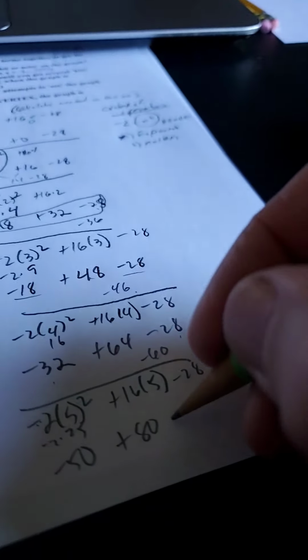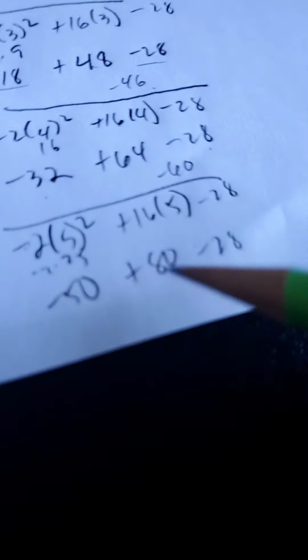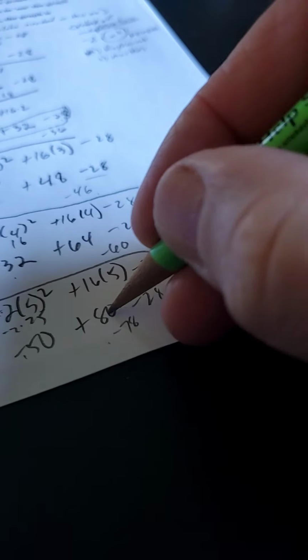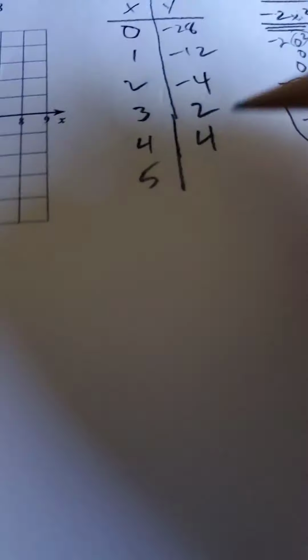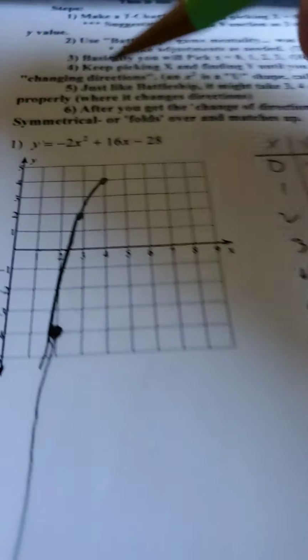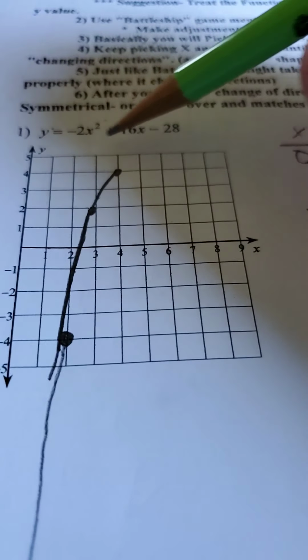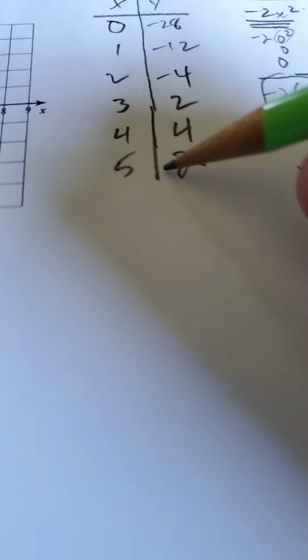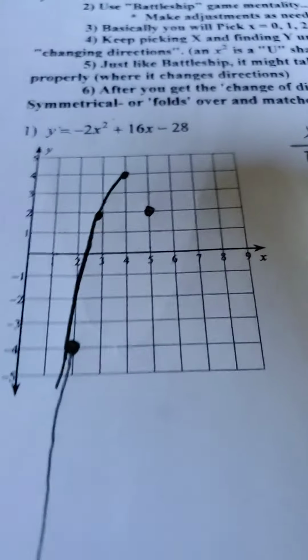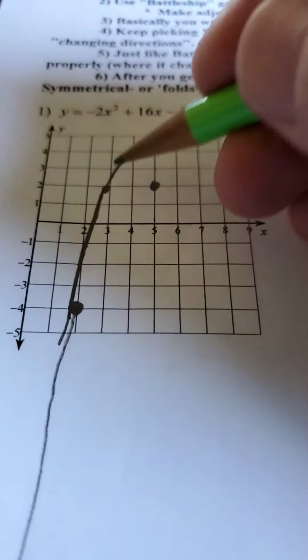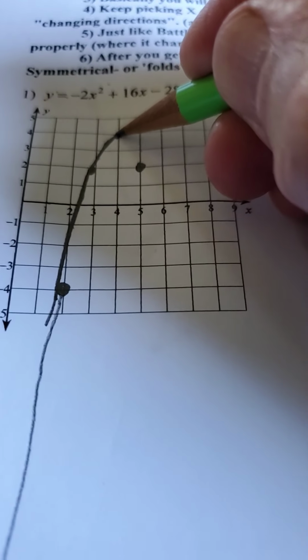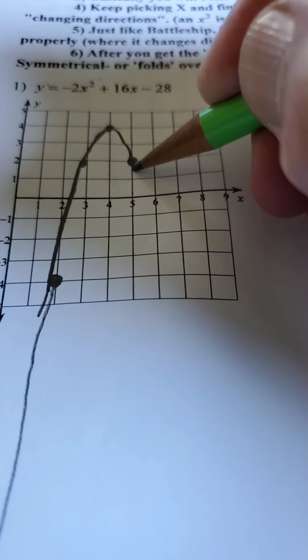Let me verify that. 16 times 5 is 80. Minus 28. When I add the two negatives together, that's negative 78. And positive 80 is positive 2. When I plug in a 5, all that equals 2. So I do a 5, 2. And we have all the information we need now. The graph is changing directions right there, and it's coming back down.